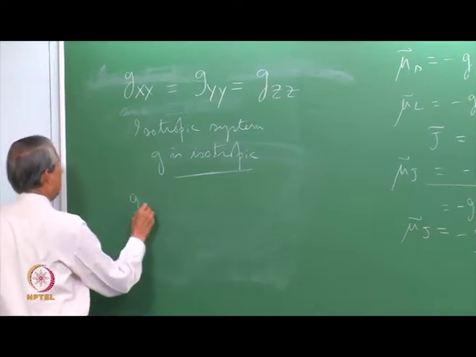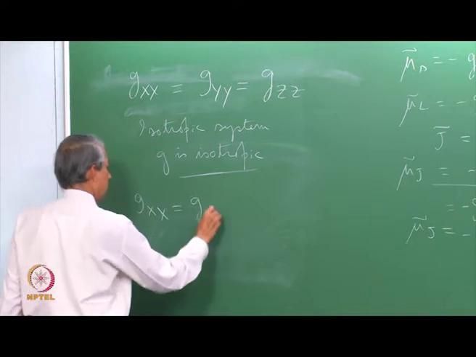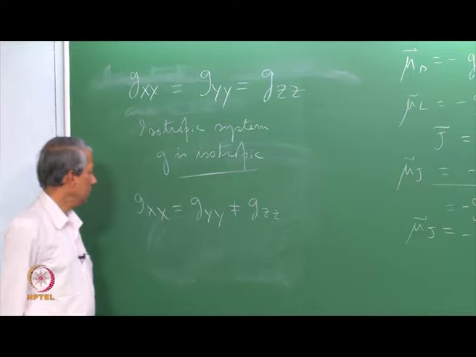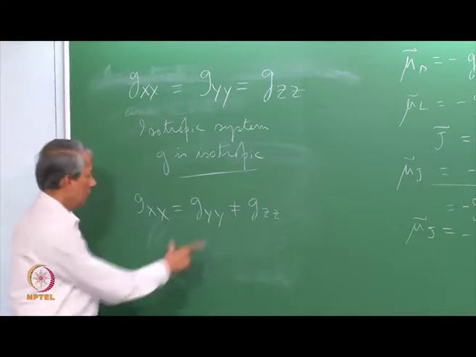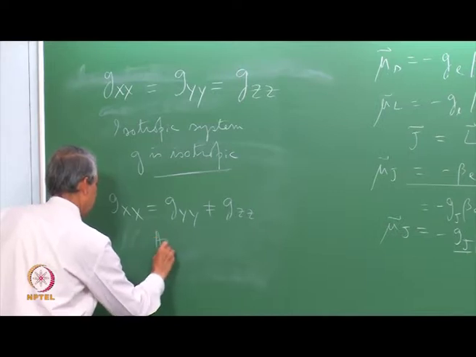Okay. Other possibility, let us say 2 of them are equal, third one is not. Then we will call this system to have an axial symmetry.